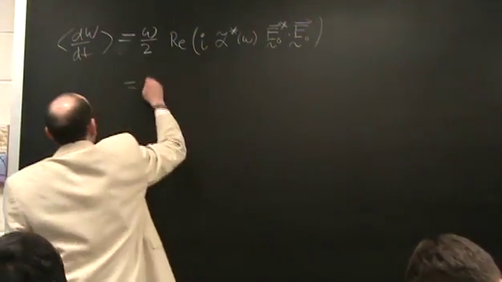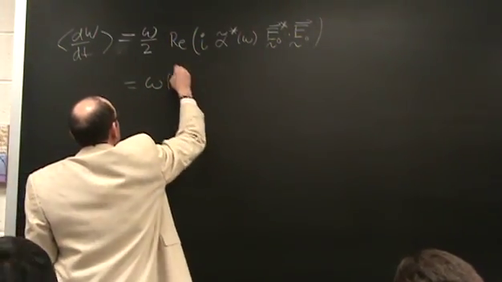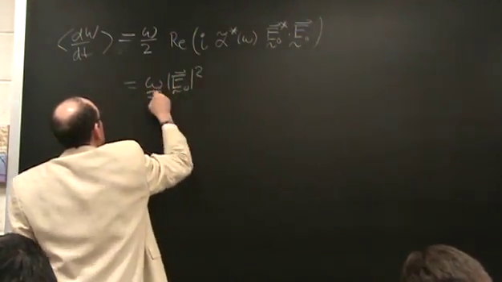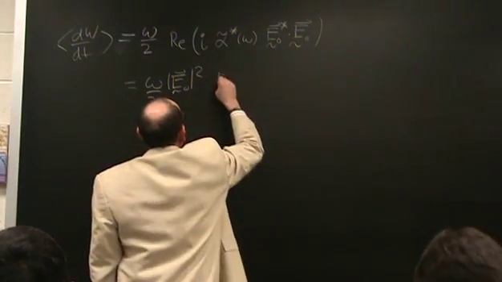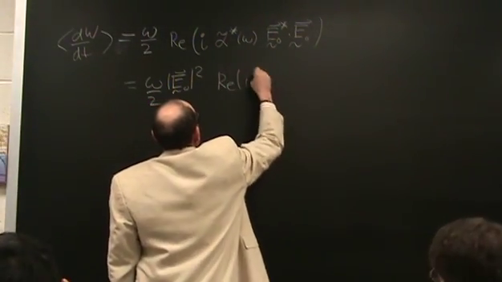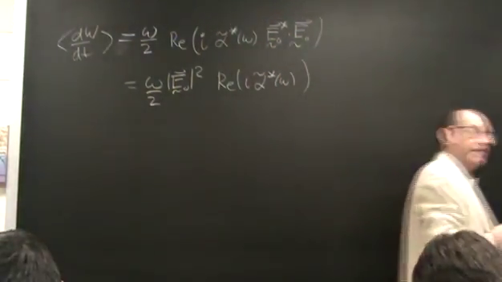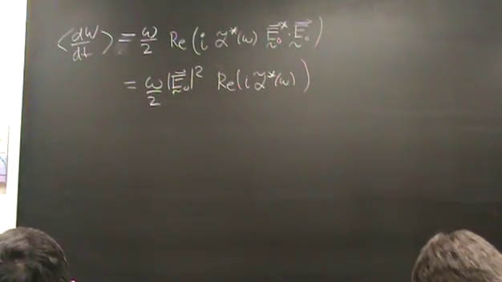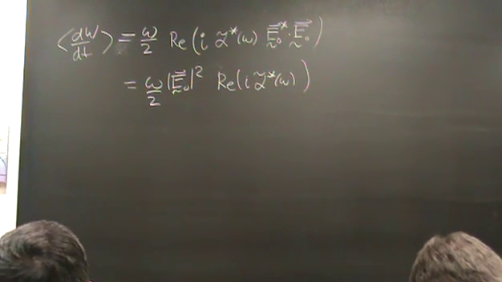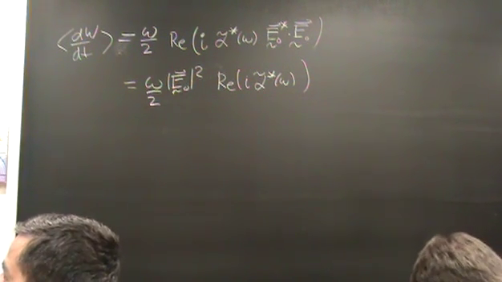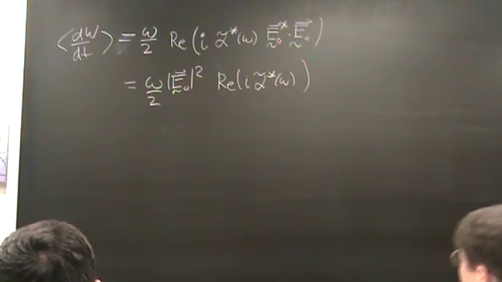So this is then equal to times the real part of that. What is the real part of i times alpha twiddle star? It's the imaginary part, right?